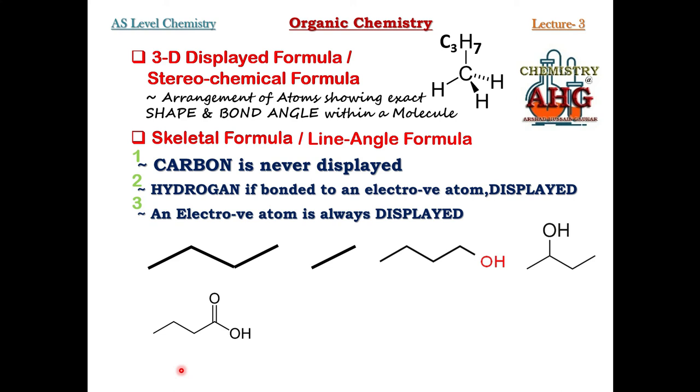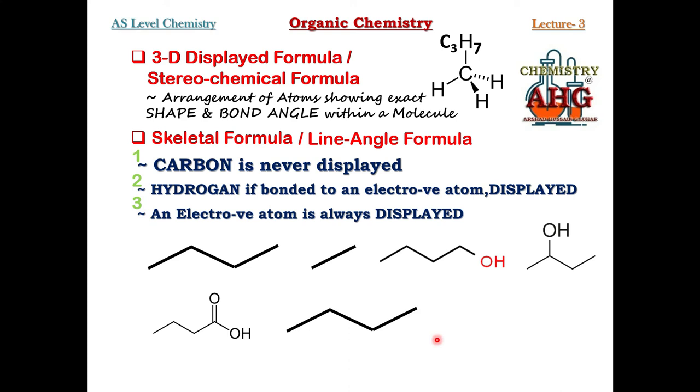Moving on, if you want to show the formation of a double covalent bond, how will you show that? Look at this. I have shown how many kinks and terminals? 4. So this is butane because it is having single covalent bonds.